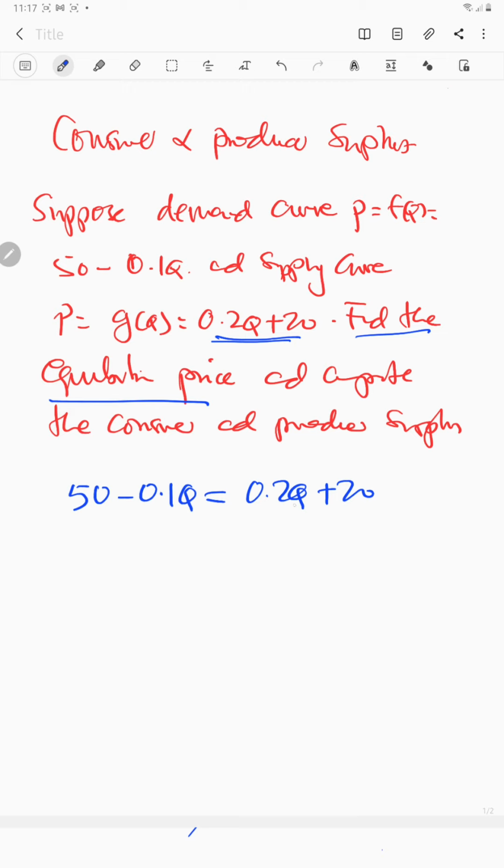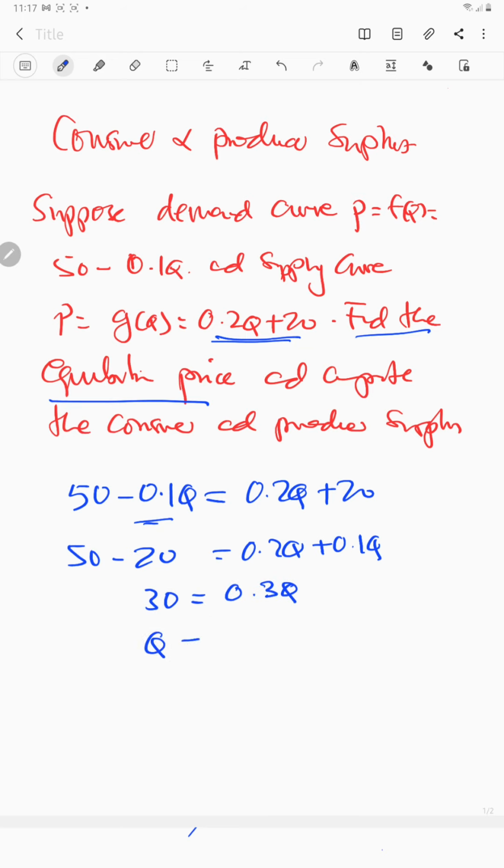In solving this, I can take this to the other side, so it will be 0.2q plus 0.1q, and on the other side 50 minus 20, so this is equal to 30 and 0.3q. So q is equal to 30 divided by 0.3, which gives us 100.